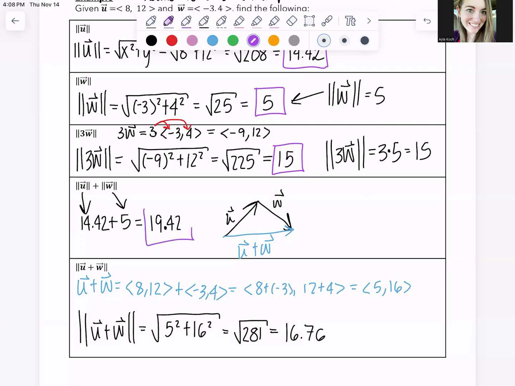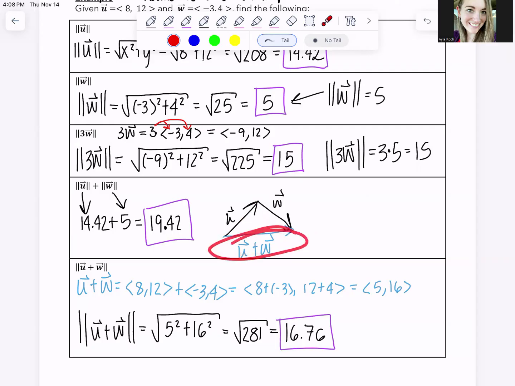And what I want to point out here is that the magnitudes of these two added together is longer than the magnitude of the sum of the two vectors. This is actually the triangle inequality.